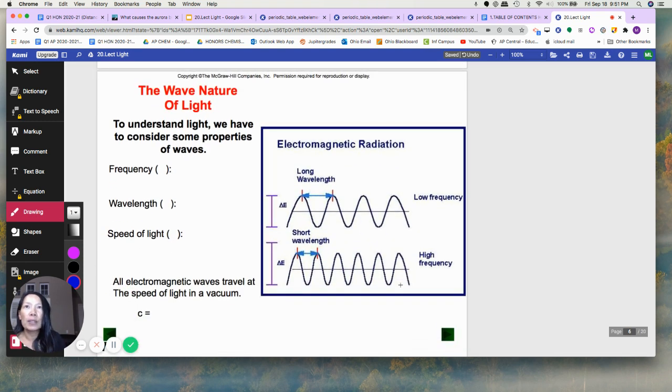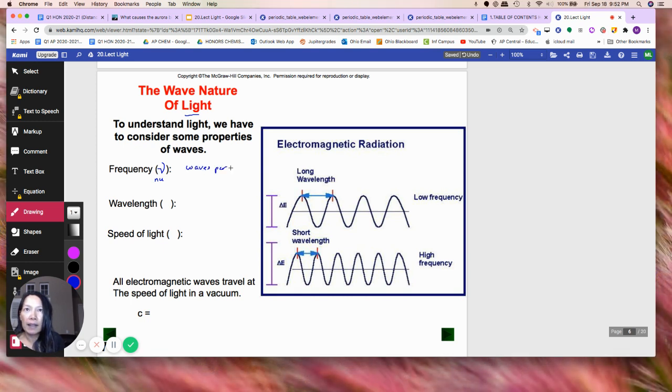Okay, so since light behaves like waves, we need to understand it. We will look at some properties of waves. The first one is called a frequency. The frequency is given by the symbol, like a stylized v. It's called nu. Okay? Frequency is the number of waves per second.